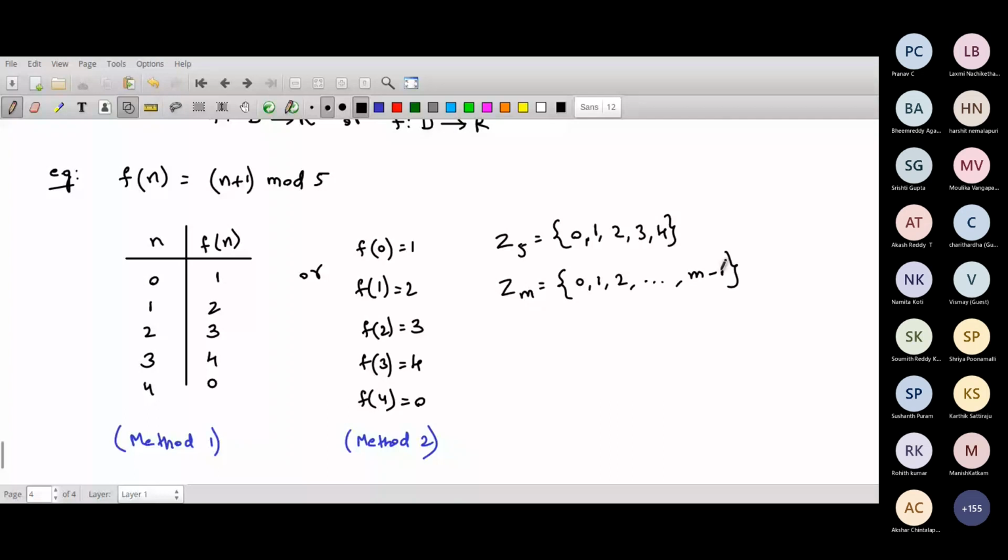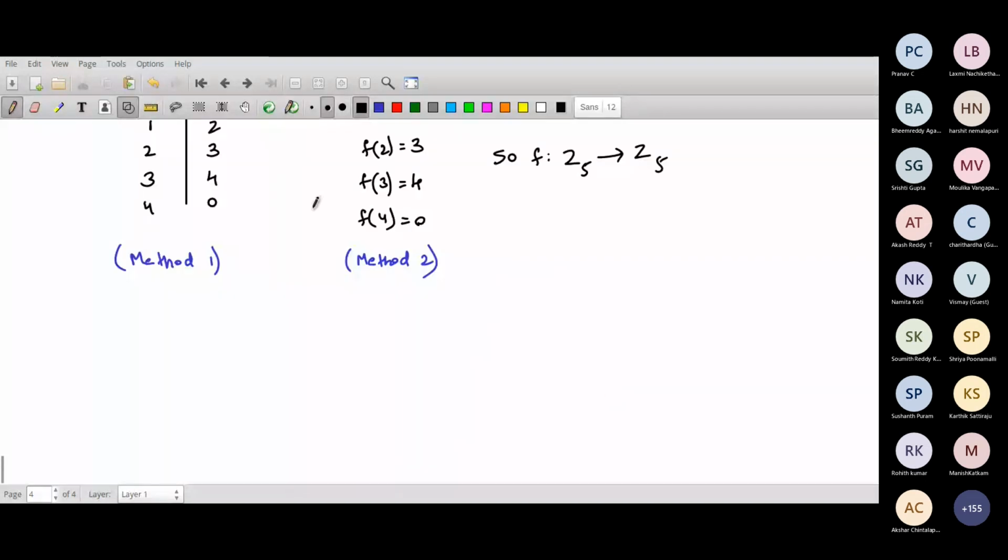So Z5 means when a number is divided by 5, the remainders range from 0 to 4. So this particular function f is a mapping from Z5 to Z5, right? Here the domain is Z5 and the range is also Z5. The set is the same. It's just that the mapping between the elements is different. All right. So this is one example.